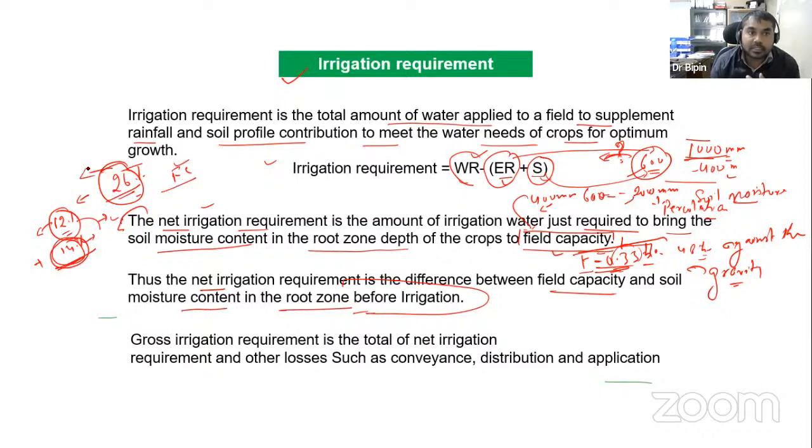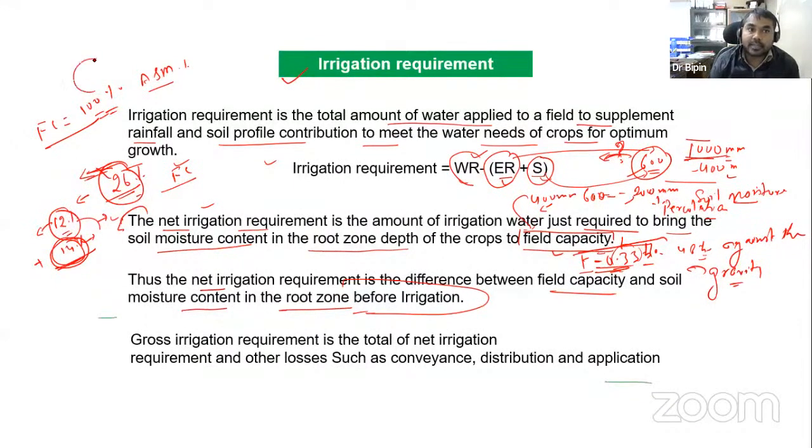And we always consider field capacity equal to 100% of available soil moisture. When you go for the gravimetric moisture content estimation at field capacity, you will find that 26% is your water content on a volumetric basis, and this 26% we consider as 100%.